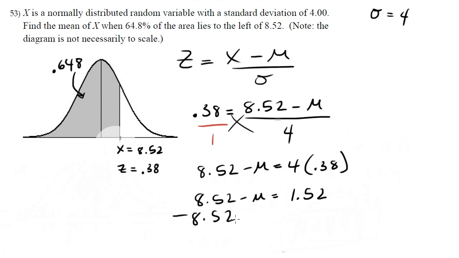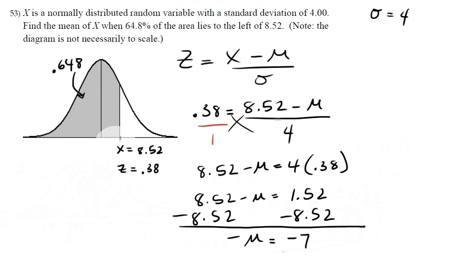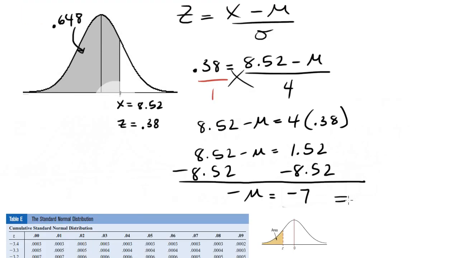Subtract 8.52. So negative mean equals negative 7. That means my mean equals 7. The mean is 7. And ta-da, we're good to go.